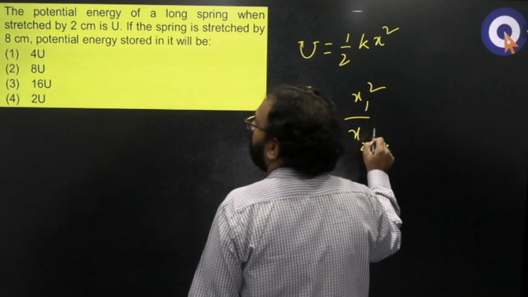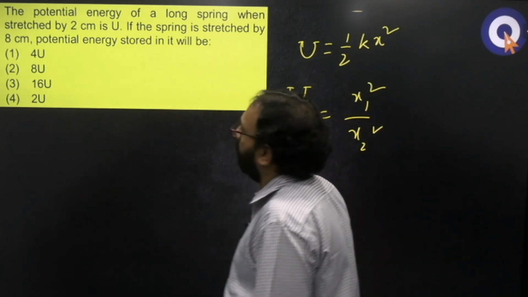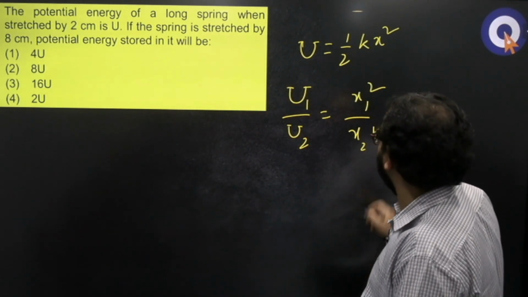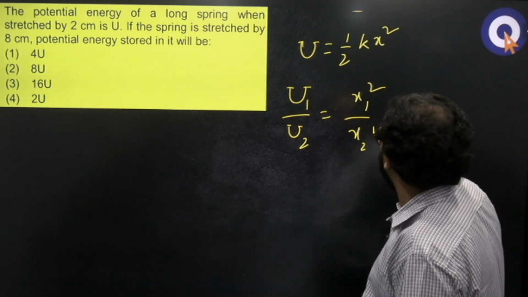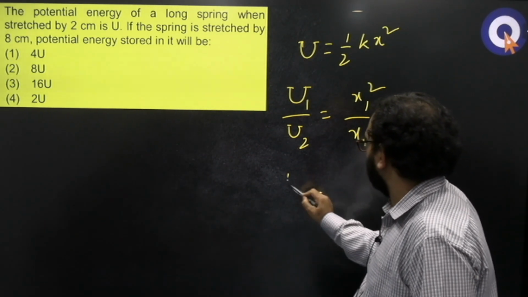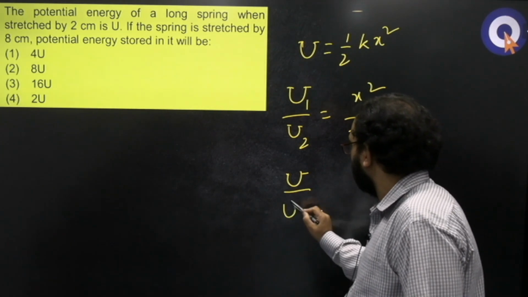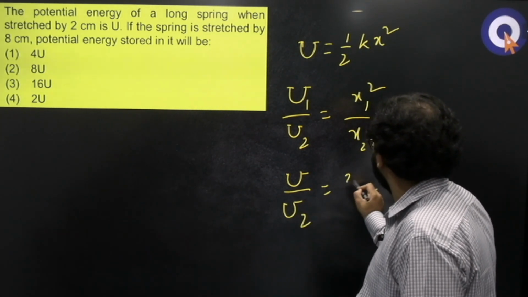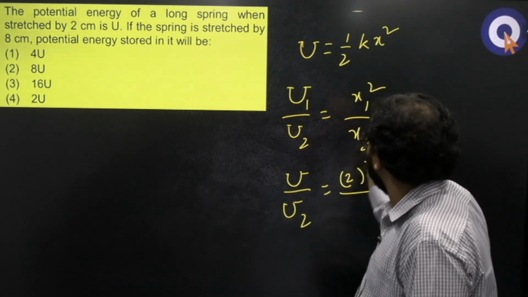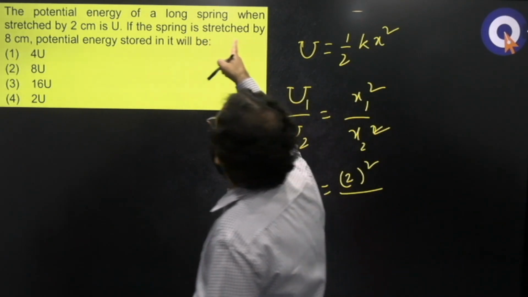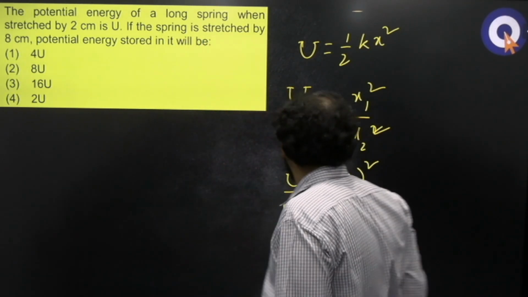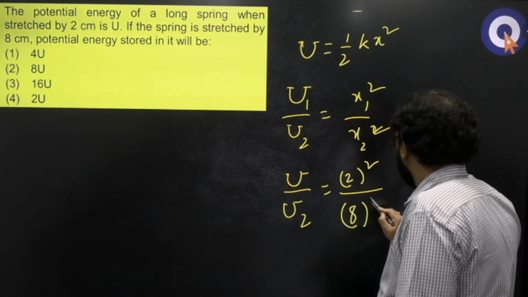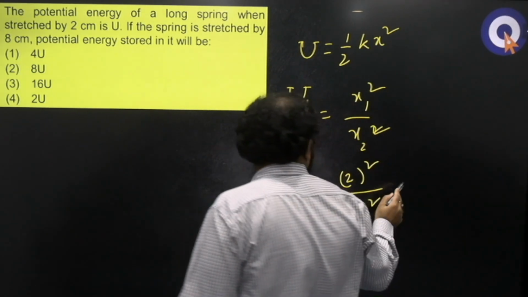So, potential energy of a long spring when stretched by 2 centimeters is U. So, X is 2 centimeters and potential energy is U. So, U by U2, this is 2 centimeters by X2. When the spring is stretched by 8 centimeters, potential energy U2 you have to calculate.